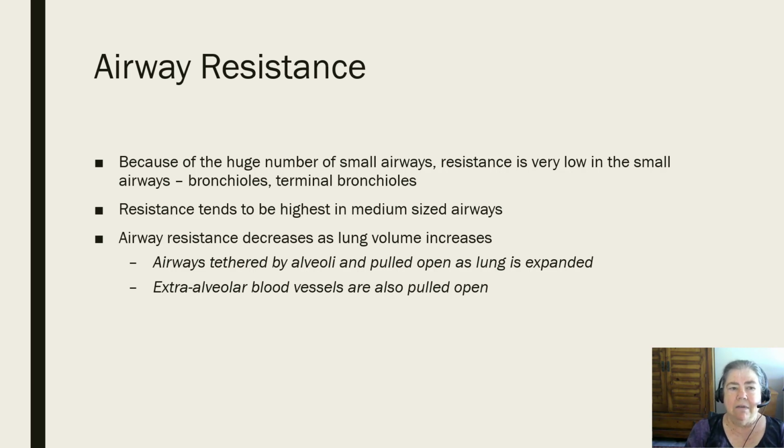But because of the very large number of small airways and the laminar flow at slow flow rates in the small areas, resistance in the lungs is very low in the bronchioles and terminal bronchioles, and is higher in medium-sized airways. As we increase lung volume, we're kind of pushing open the tubes, and that decreases airway resistance.